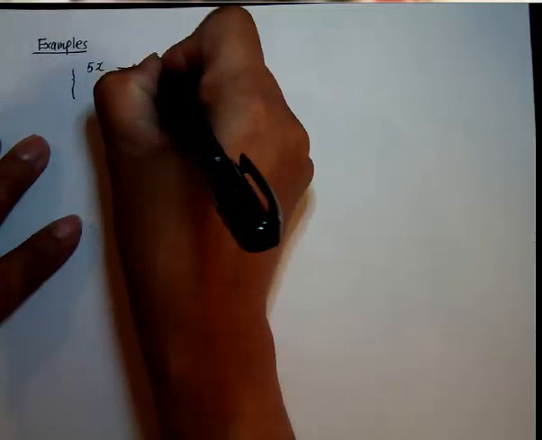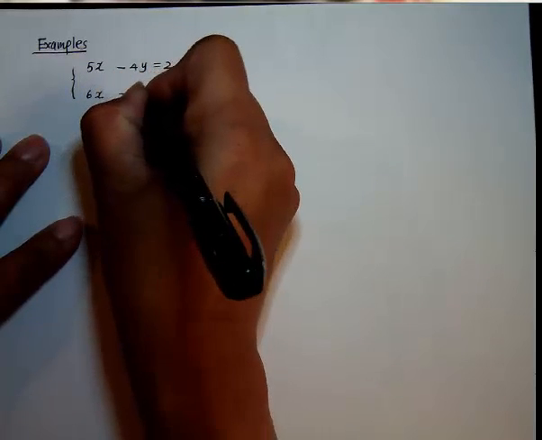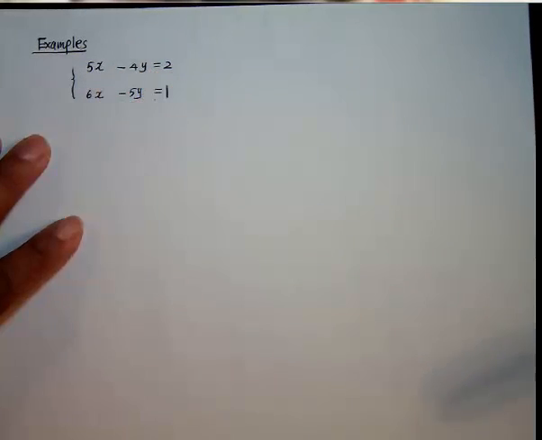Let's take a look at this problem: 5x minus 4y equals 2, 6x minus 5y equals 1. Of course, you can use the substitution, elimination method or the Gauss-Jordan method, or we can use Cramer's Rule to solve for these system equations.